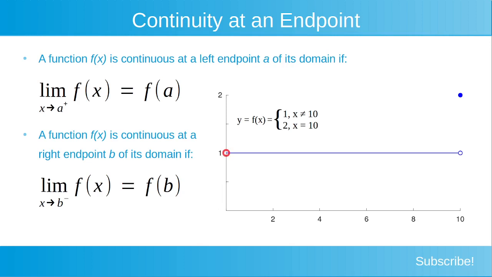If we look at the point where x is equal to 0 and y is equal to 1, this is the left endpoint a of the domain of our function, the point where x is equal to 0. So a is equal to 0. Our function value f of a, that's f of 0, is equal to 1.